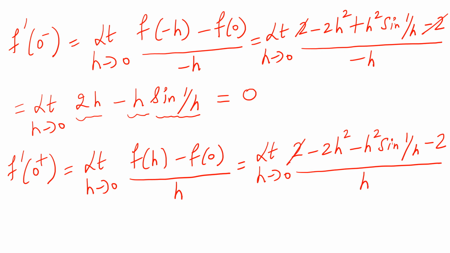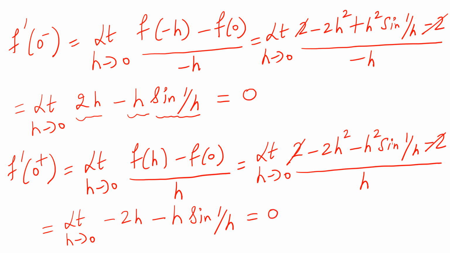Now 2 cancels with minus 2, and this limit becomes equal to limit h tending to 0 minus 2h minus h into sine of 1 upon h. Now students, again the value of this limit is equal to 0 as per the same logic.